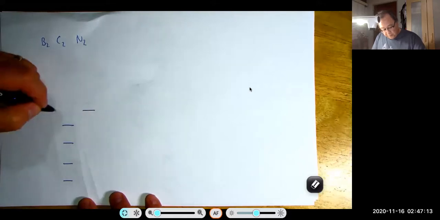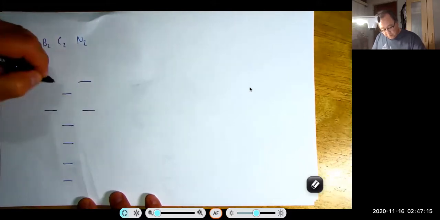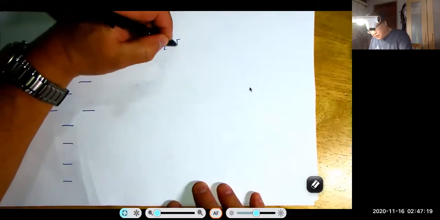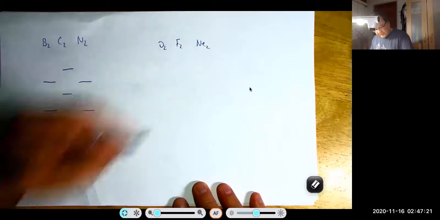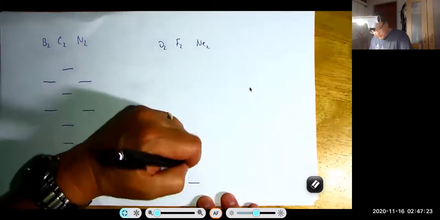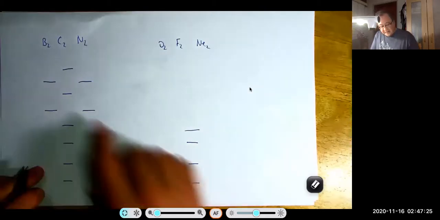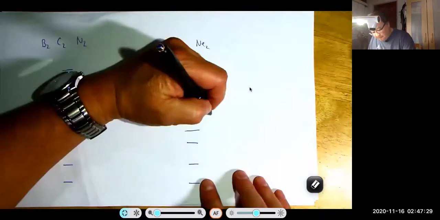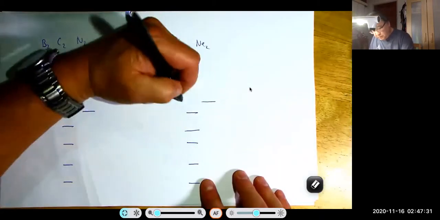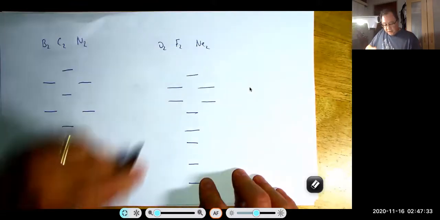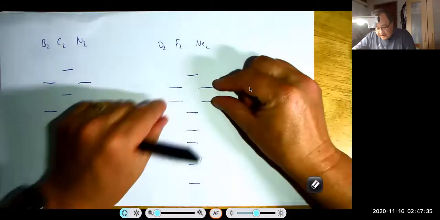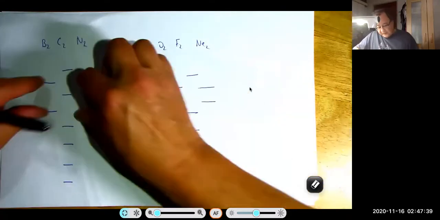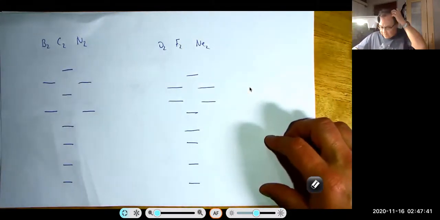And for O2, F2, and Ne2, it's going to look like this, 1, 2, 3, 4, just like that. So you see here, the pi orbitals are going to be closer together than they are over here. So you kind of want to remember that.